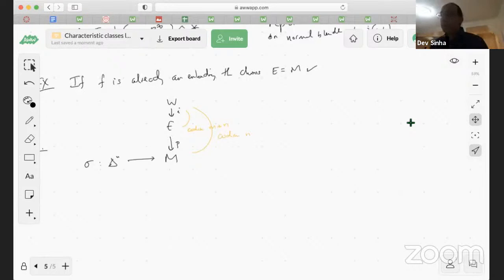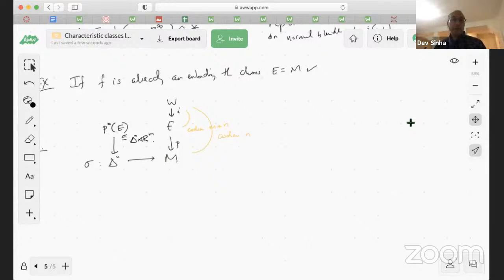And what we're going to do is we're going to pull some things back. So over here, I've got the pullback of E. And that, by the way, is just delta n cross R m, because we proved last time that pullbacks via homotopic maps are isomorphic.